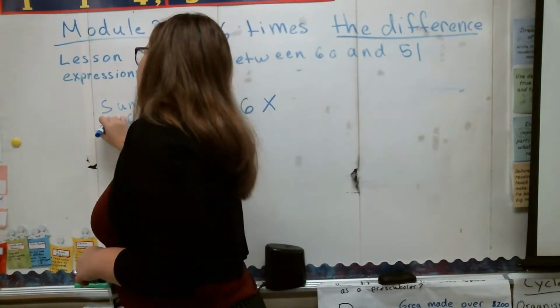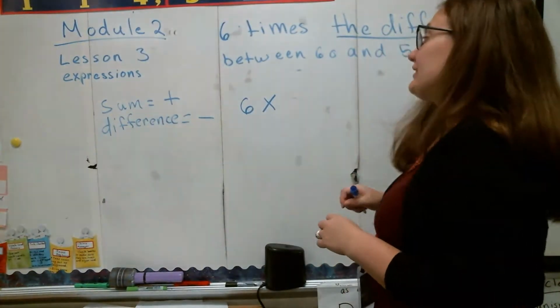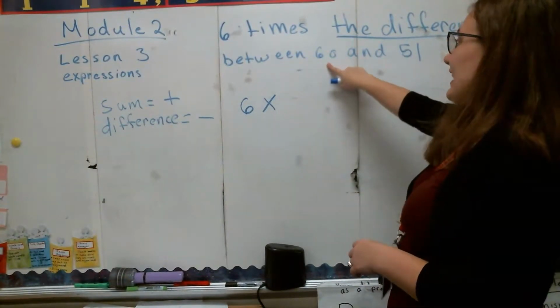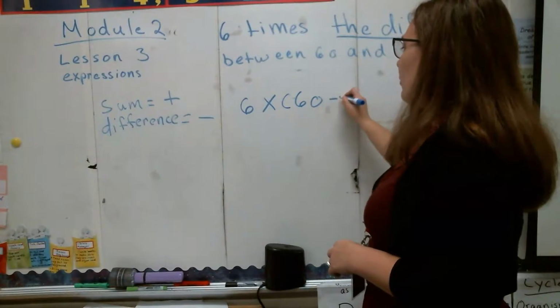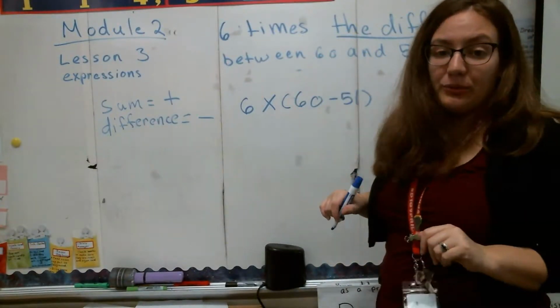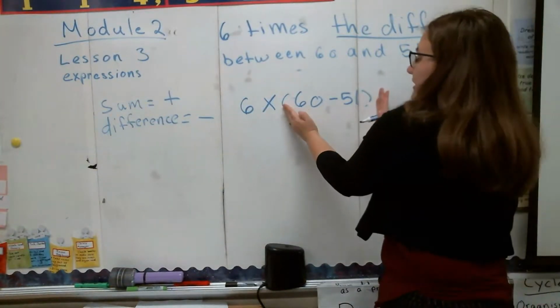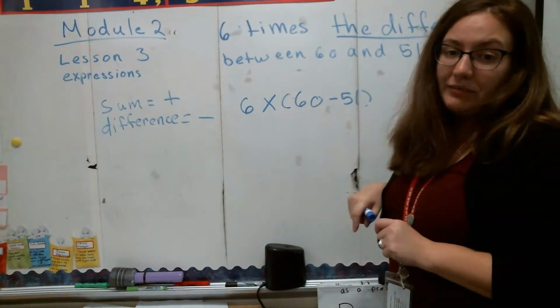So whenever I am finding the difference between two things, I am subtracting these two numbers. So I'm finding the difference between 60 and 51. I'm going to put these in parentheses because we always want to put this part into parentheses, but I'm going to rewrite this as 6 times the difference between 60 and 51.